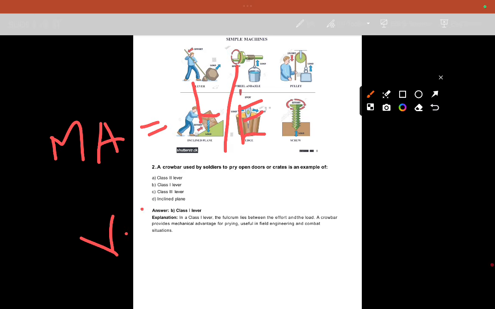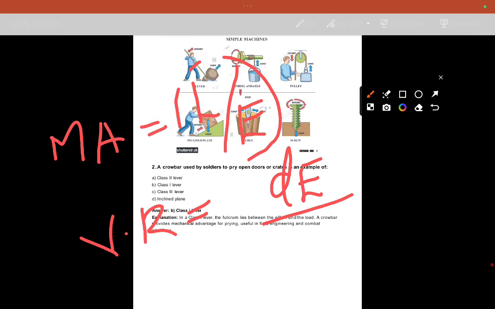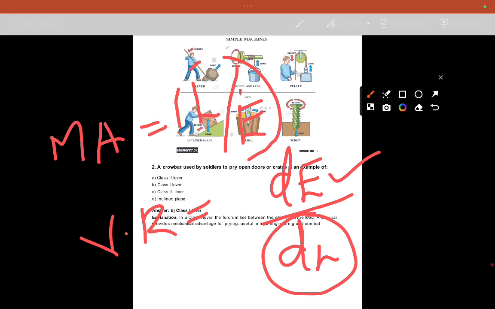Velocity ratio is the opposite of this. Velocity ratio is the ratio of the distance moved by the effort to the distance traveled by the load.